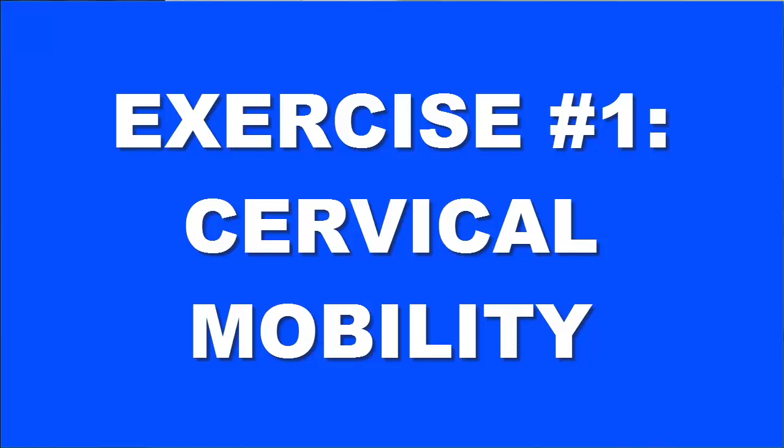Exercise number 1 is cervical mobility or neck mobility. We're going to target bending forward and back, which is flexion extension, bending side to side, which is lateral bending, and also rotation. So this is what it looks like. I'll step back so you can see. So flexion extension. You can do 5 to 10 reps of these.